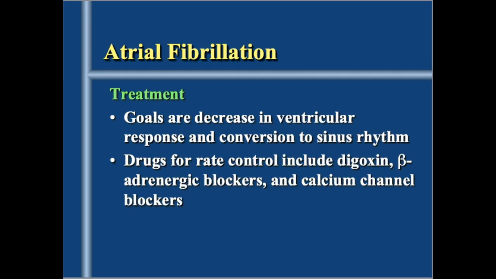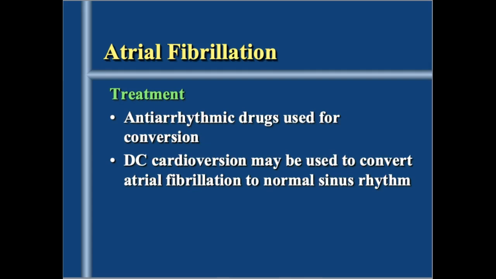And I'm not going to read this slide. This is the same type of treatment that we've seen for the other narrow complex tachycardias. So here you are with your drugs, and your goal is to decrease ventricular response. We do again use either our antiarrhythmic drugs like amiodarone or cardioversion to convert from atrial fib to normal sinus rhythm.